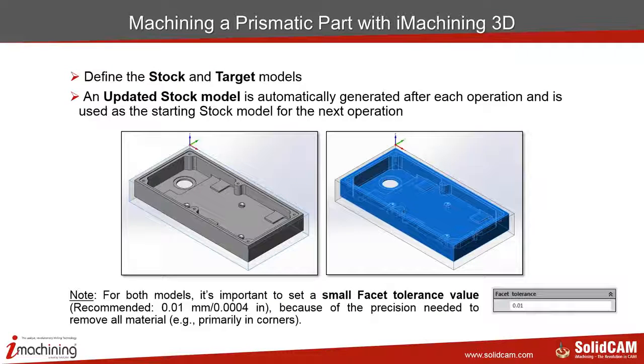Now, some of the rules that I was talking about, let me just mention them again. When you're working on prismatic parts, and by the way, this is true really also with any iMachining 3D, always define your stock and your target models. Okay? And we also recommend that your facet tolerance, as I showed you, should be 0.01 millimeters.